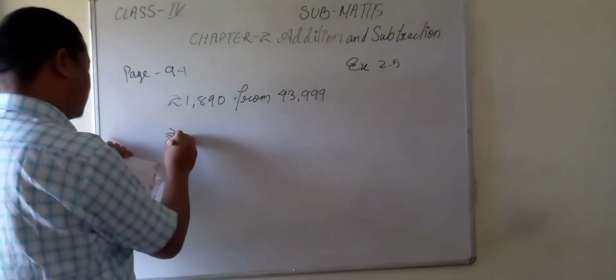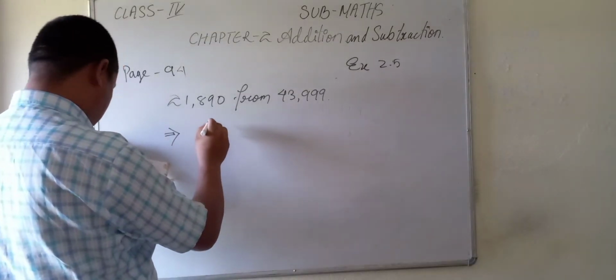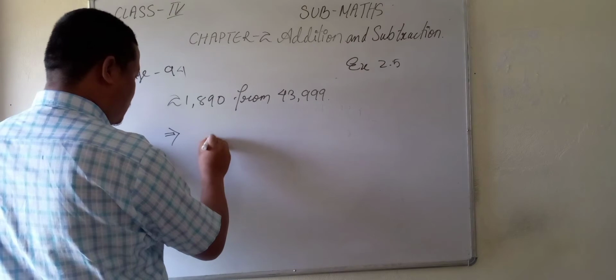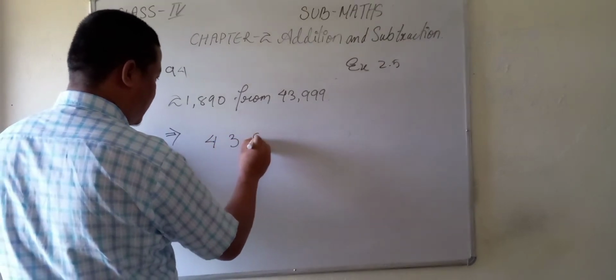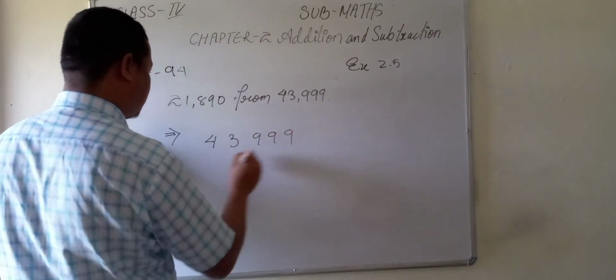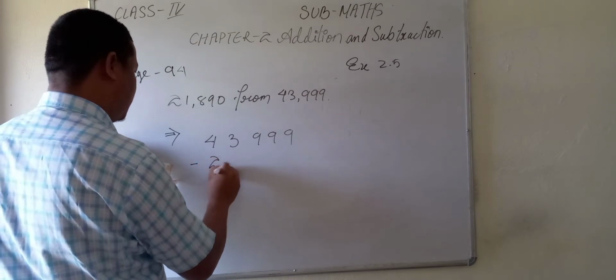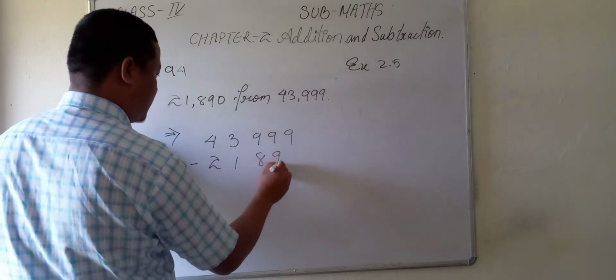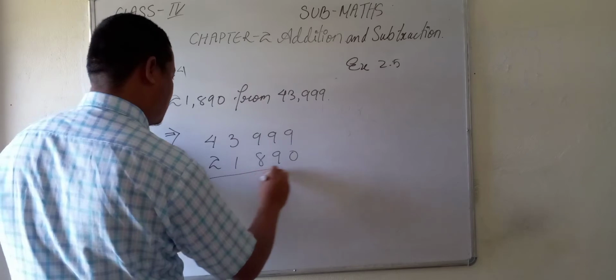So let us subtract these two numbers first. 43,999 minus 21,890.